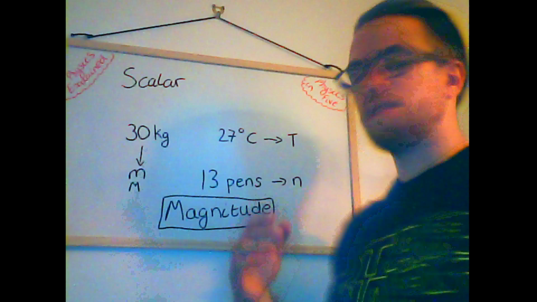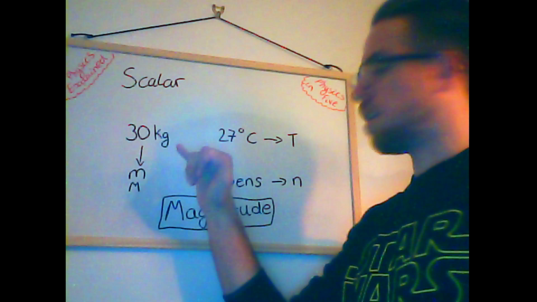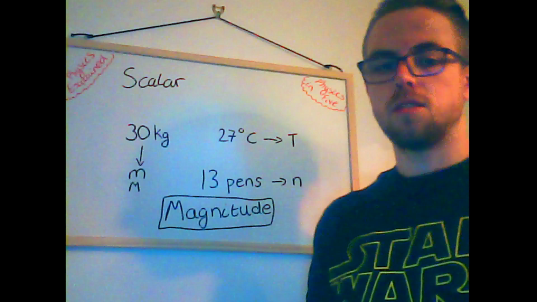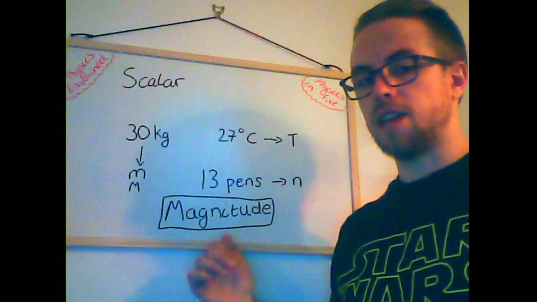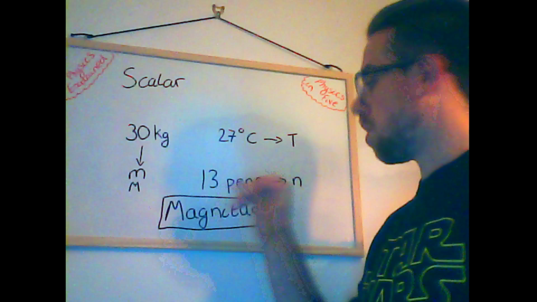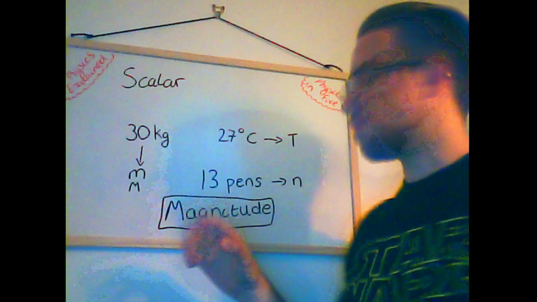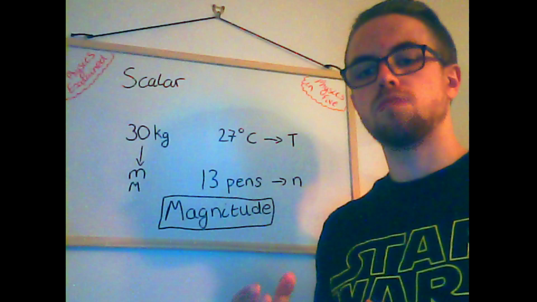So on the board here we have an example of some scalar quantities. For example, 30 kilograms, 27 degrees C, and 13 pens. Now the key fact of a scalar quantity is that all it has is a magnitude. That means that the number only dictates a magnitude. And these are often given symbols such as little m or big M for mass, depending on what else is used in the equation.